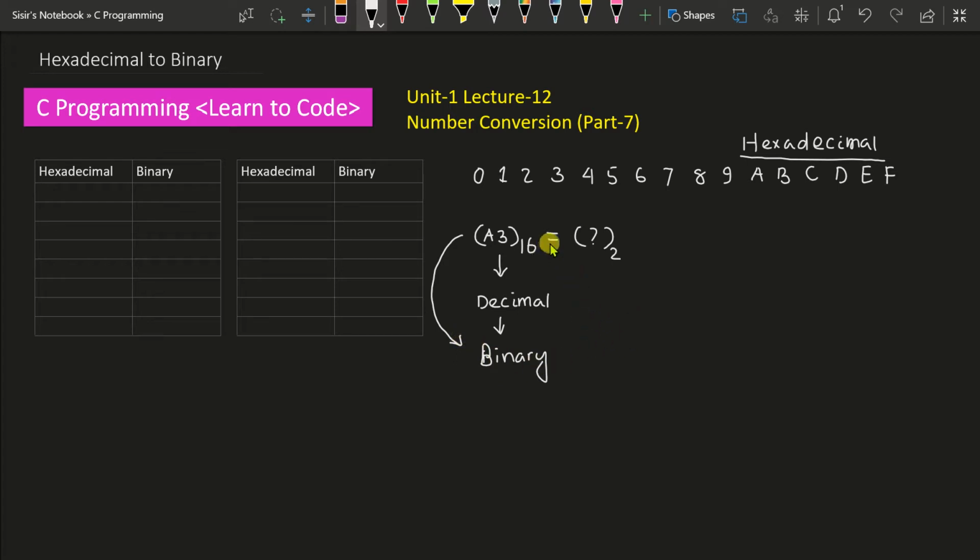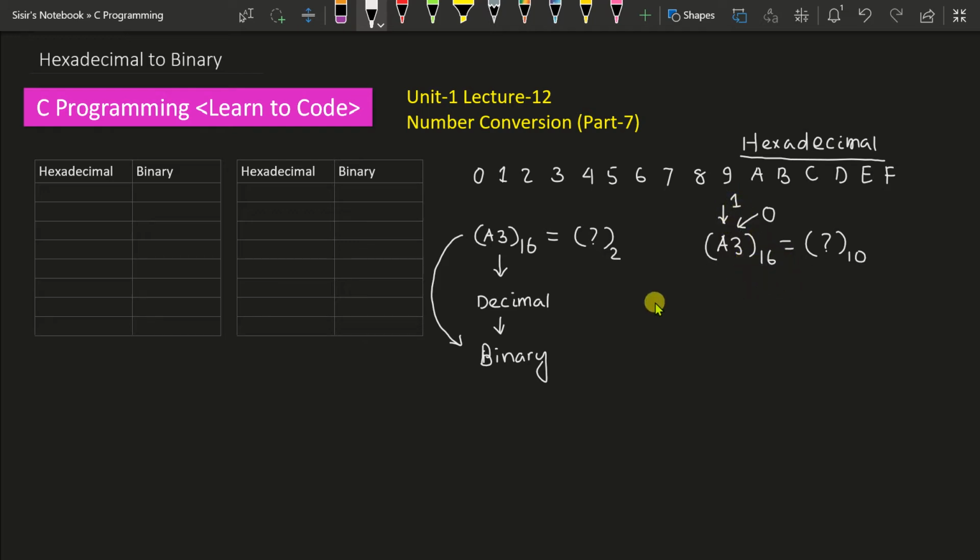So let us solve it. Let's say I want to convert A3 of base 16 to decimal. I will first mark the position of each digit. 3's position is 0 and A's position is 1.